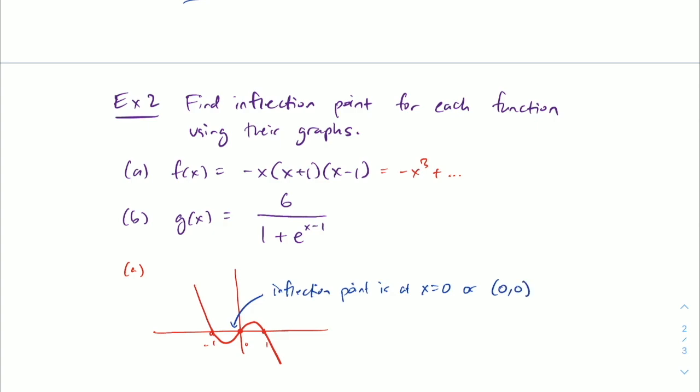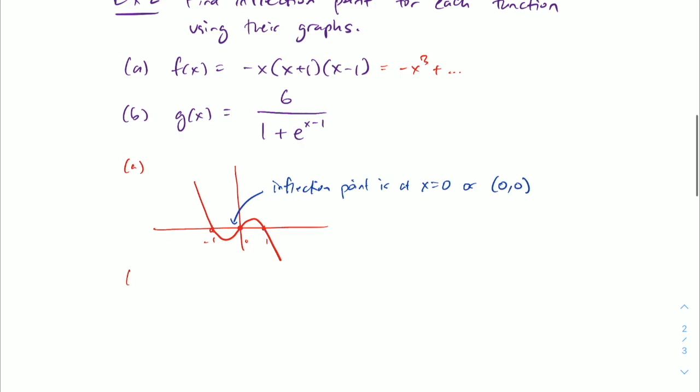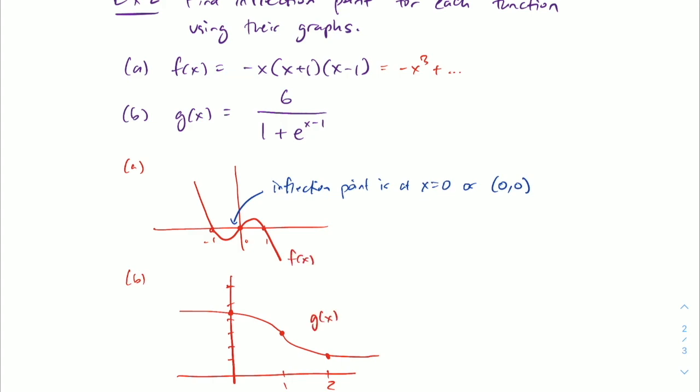If we draw the second function, again using a computer or calculator, this is g of x. This one's a little harder to see where it switches.